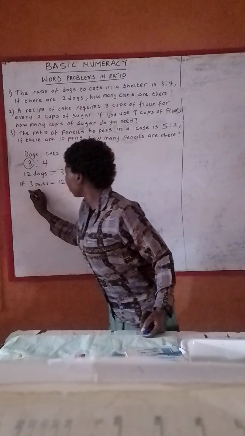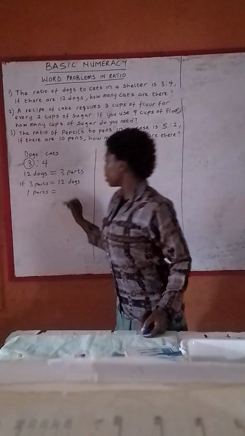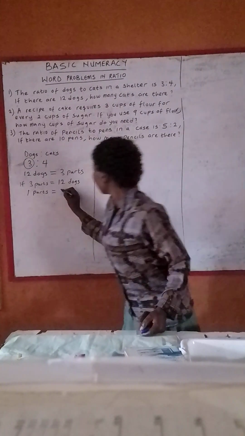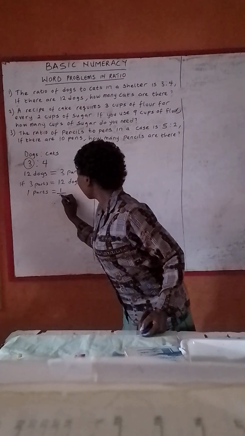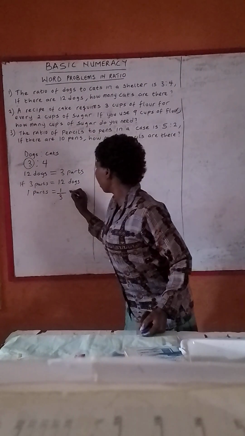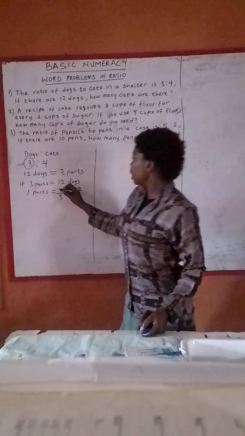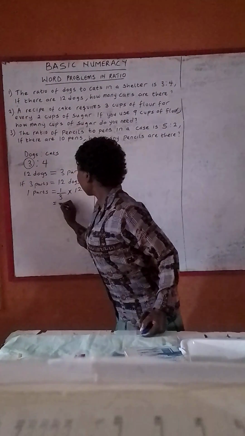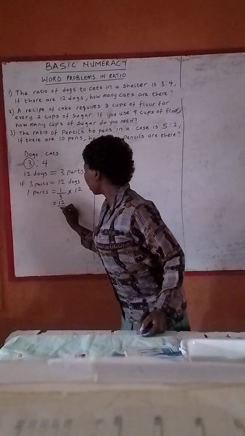1 part will be what? What do you think we can do here? All we need to do is just 1 over this 3, 1/3 multiplied by these 12 dogs. 1 times 12 will be 12 divided by 3.